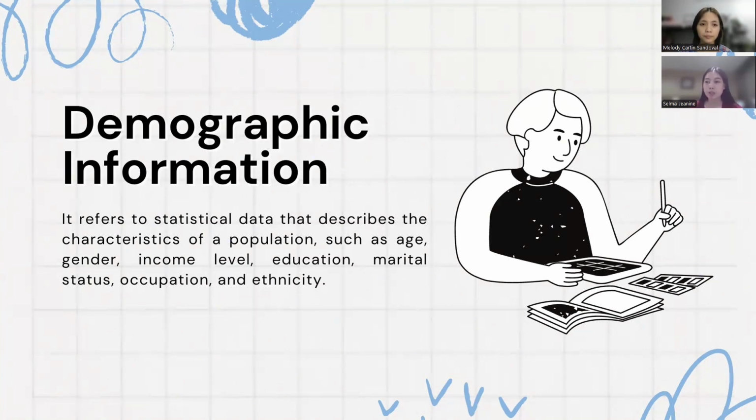In the context of location analysis, demographic information plays an important role for several reasons, including population, characteristics, market segmentation, consumer behavior, and site selection for business.